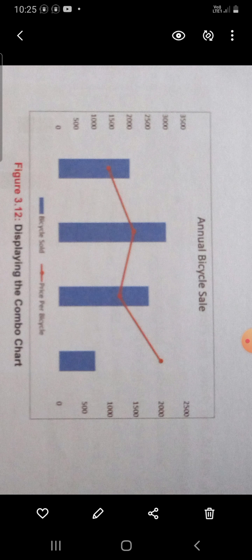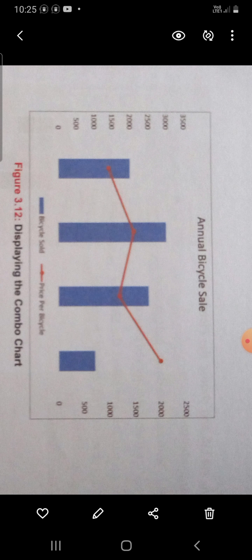As the price of classic bicycle is 1000, it is shown in the right hand side of the column. This is the price per bicycle. As the price of classic bicycle is 1000, so we can see the point at the level of 1000.